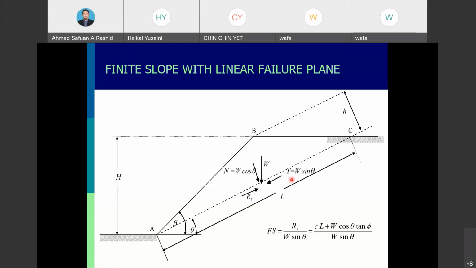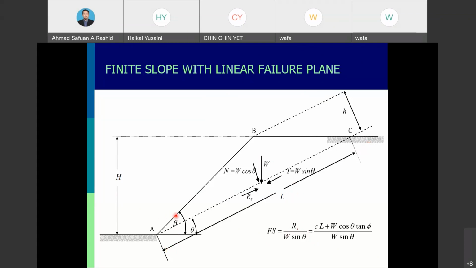Based on the factor of safety equation, the resisting force should be divided by the driving force. In that case, we also need to determine the length of this potential failure plane.